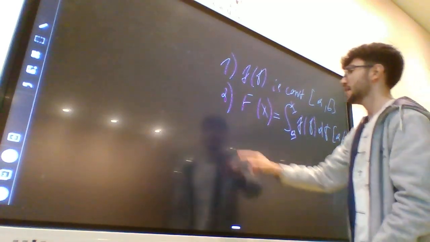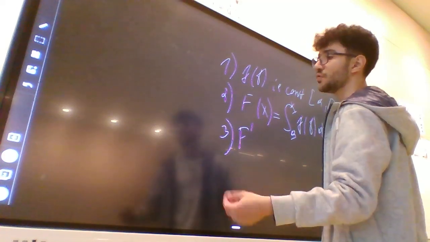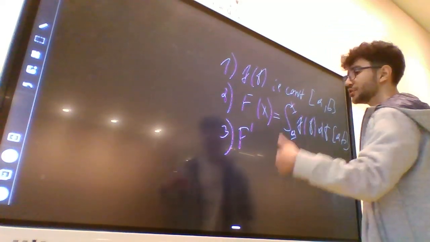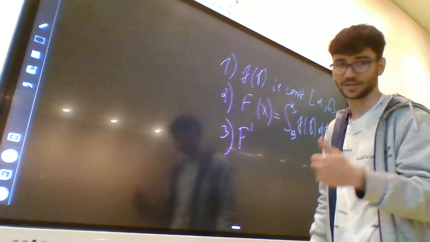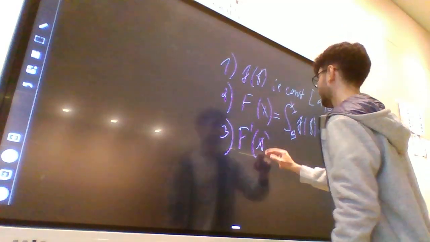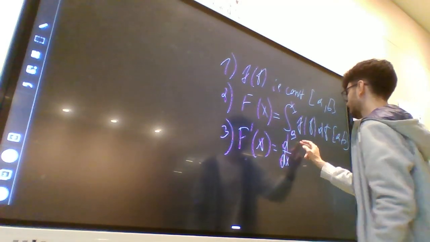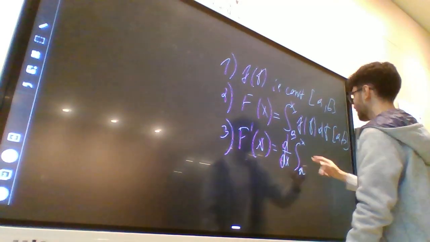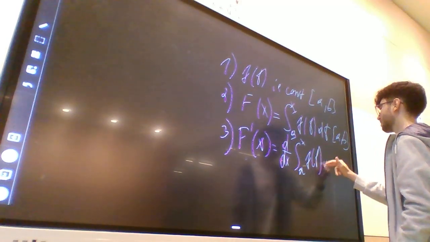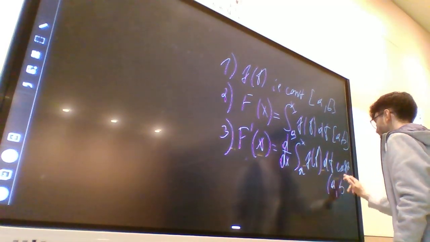Yes? And our third condition is that the derivative of the integral of our function from a to x also exists in the interval of a and b. The derivative of this function, which is the derivative of the integral from a to x of f(t) dt, exists in [a, b].